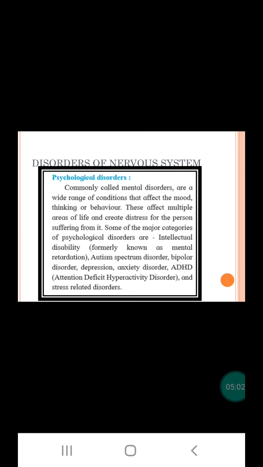Then we'll study disorders of the nervous system. First, there are psychological disorders, which are commonly called mental disorders. There is a wide range of conditions coming under psychological disorders that affect the mood, thinking or behavior of the individuals, or you can say patients.